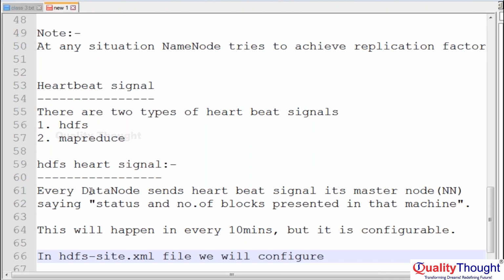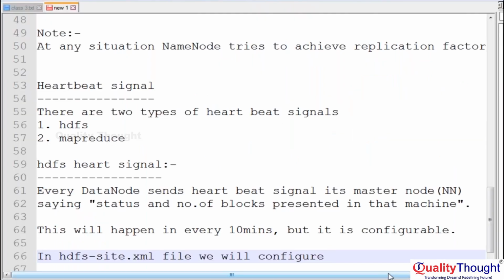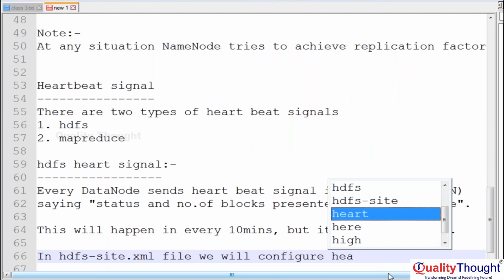Yeah, here is a question from one of our friends. I said how many blocks are presented in this machine. It sends only that block information. So data node 3 contains how many blocks? 2 blocks. Okay, it sends those blocks. No, there is no limitation. So in the hdfs-site.xml file, we will configure the heartbeat signal interval.